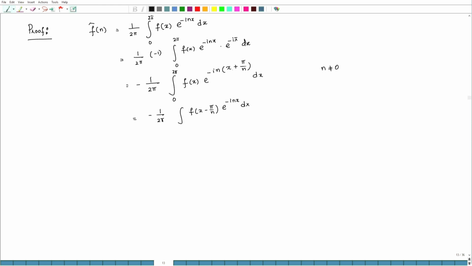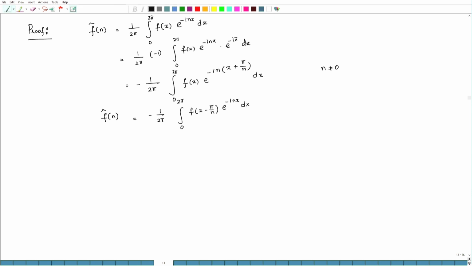If we make a change of variable x going to x minus pi by n, the limits become minus pi by n to 2 pi minus pi by n, but nevertheless both the function f and e to the power i n x are 2 pi periodic. So, it does not matter which 2 pi length interval I am integrating. So, this again I will keep as 0 to 2 pi. Now, this is also our f hat of n.